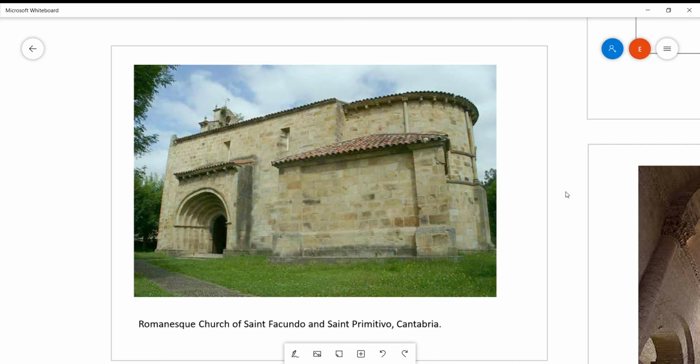It is surrounded by nothing but a field, or the countryside. So this is not in the middle of a city, which is very typical of Romanesque art. Although we have Romanesque cathedrals inside cities, most of the churches of Romanesque art look like this, in the middle of the countryside.